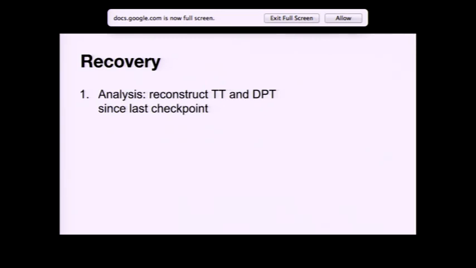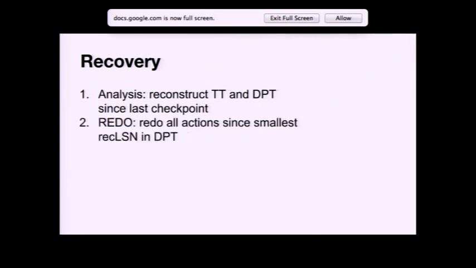Once we have our in-memory data working again, we perform the redo phase. This means we repeat all of the actions since the smallest recLSN in the dirty page table. In other words, we find the smallest recLSN in the DPT, and this points to some record in the log, and now we're going to execute everything that occurs after it in the log.